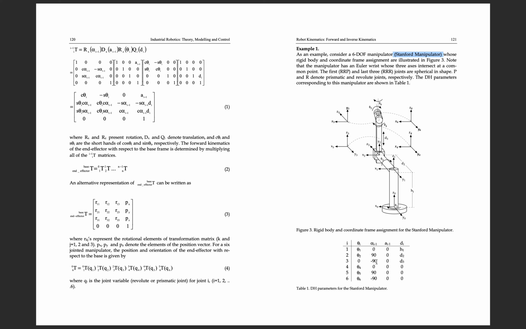This is why we have it here as 90. Now there is no translation between z1 and z2 if I'm looking from the x direction, because they are on the same plane. There is translation between x1 and x2 along z2, which here is d2, which is the length of that link.